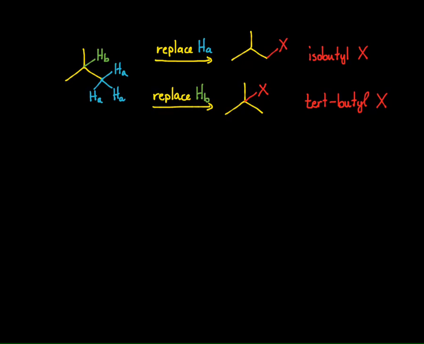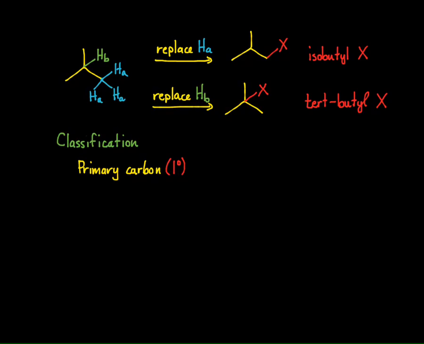Now, where do we get the sec-butyl and the tert-butyl designation? Well, in order to understand those designations, we have to understand the classification of carbons. So we have really four different classifications. We have a primary carbon, which we often abbreviate 1 with the degree symbol.